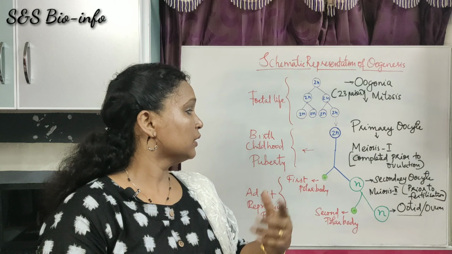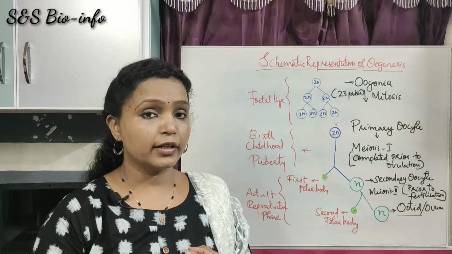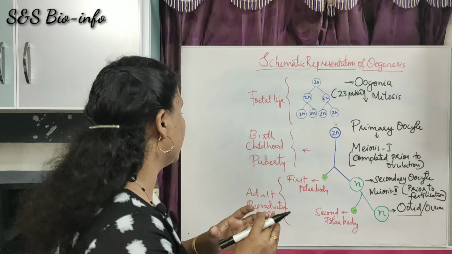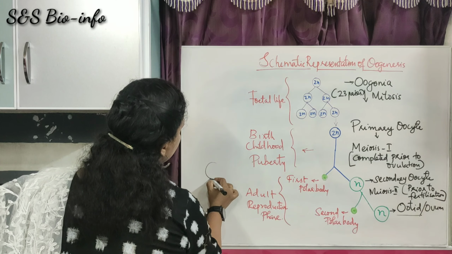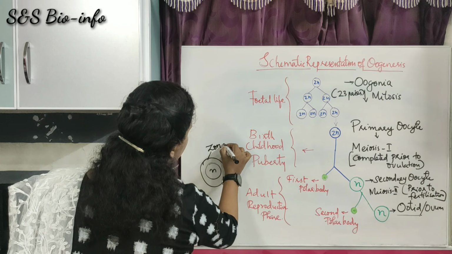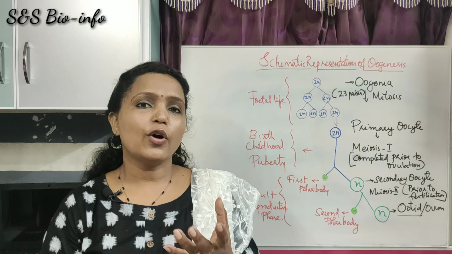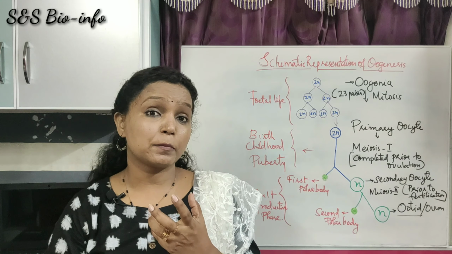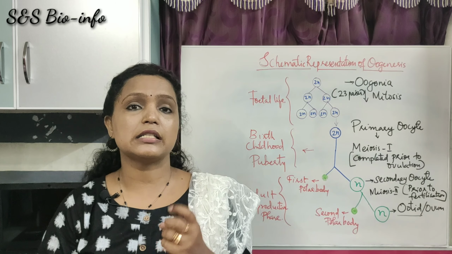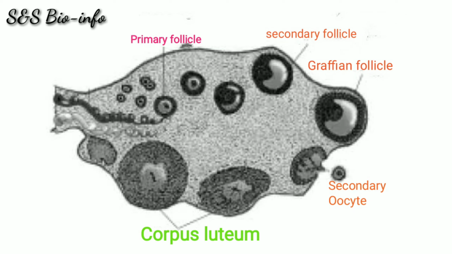One more thing: when the secondary oocyte is released from the ovary, it is surrounded and protected by a specific layer called the zona pellucida. Now you can observe the diagrammatic representation of the development of ovarian follicles that takes place in the ovary.